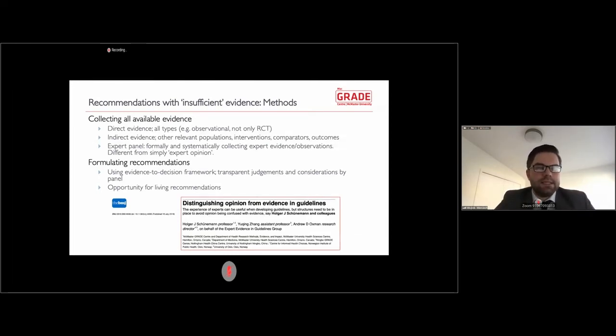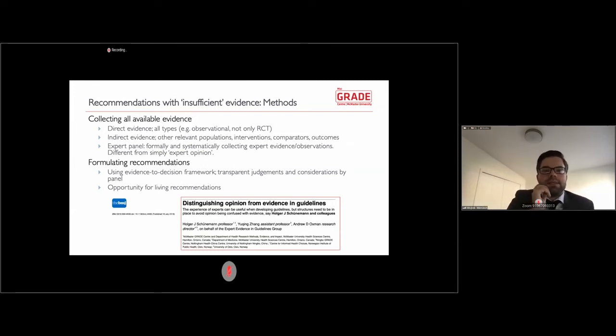For some specific questions that the panel and clinicians, patients, and the different stakeholders prioritize, there is not much evidence available or any direct evidence available. And the question arises, should the panel make a recommendation in that case, or should they not make a recommendation?